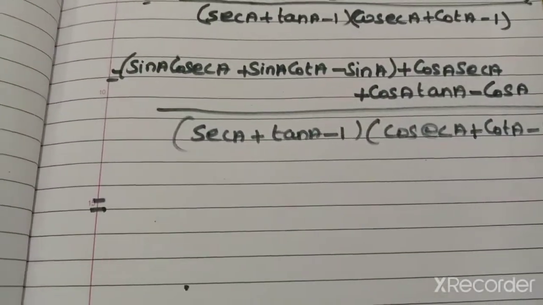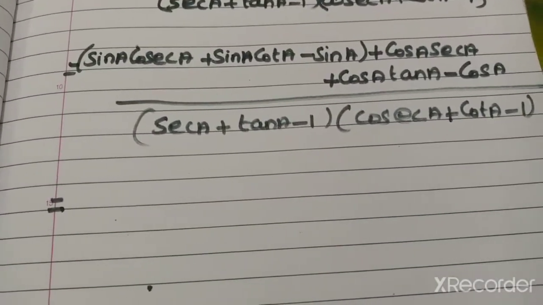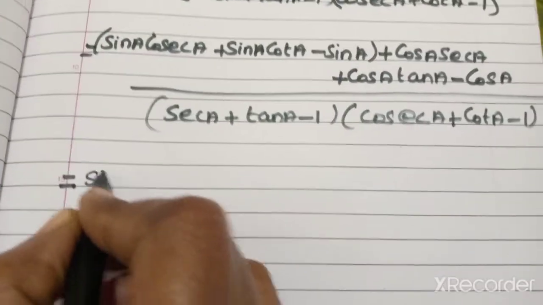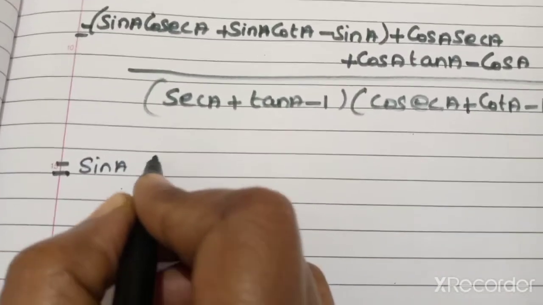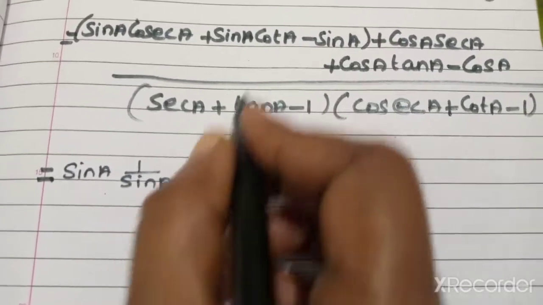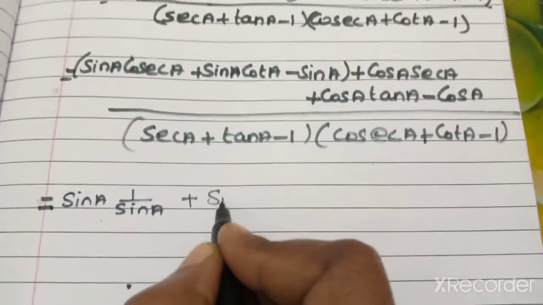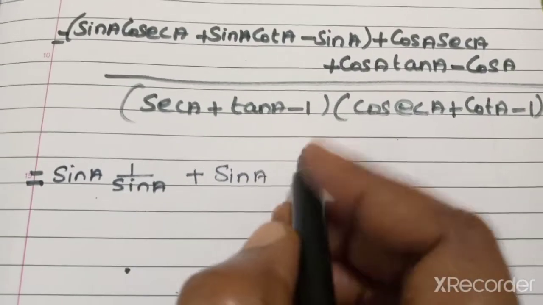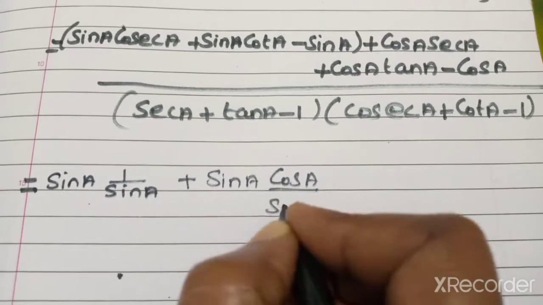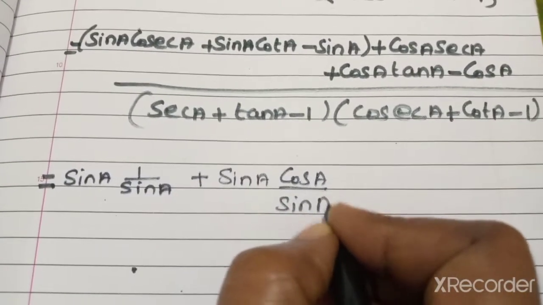So that sin A let us write as it is, and cosecant A let us write 1 by sin A. Okay, sin A into 1 by sin A plus, here sin A into cot A, let us write cos by sin, that is cos A by sin A. We get the cancellation, okay, for that.